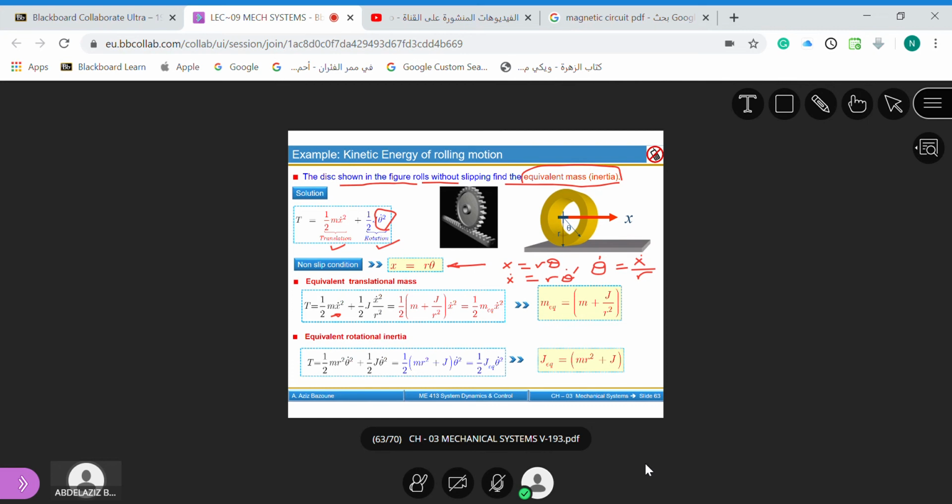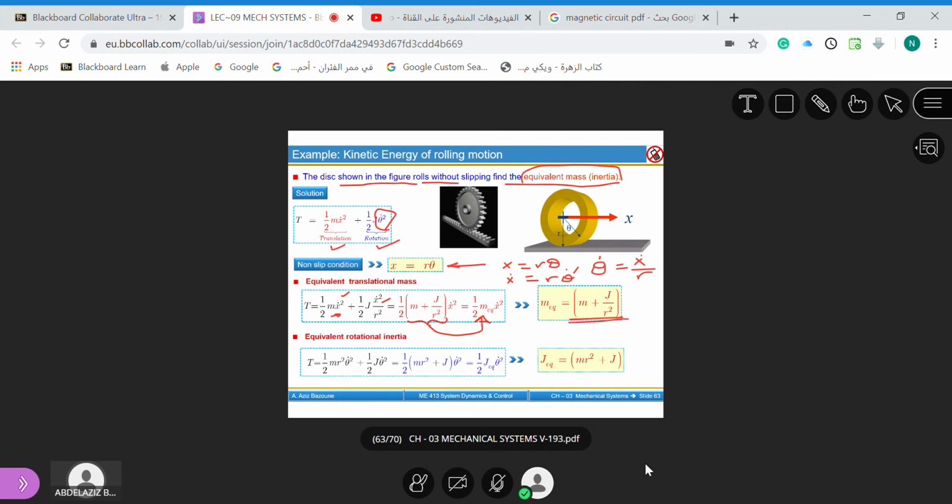If you look here, you have half and x dot squared common. You take it out, and you have this expression: half (m plus J over r squared) x dot squared. If you compare it to the standard equation for kinetic energy, you will say, this is the equivalent mass for translation, half m x dot squared. So the equivalent mass will be this term.